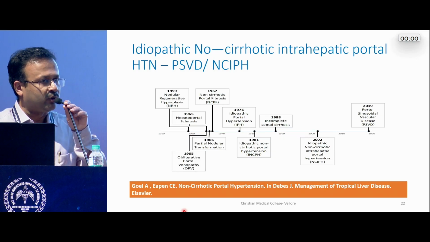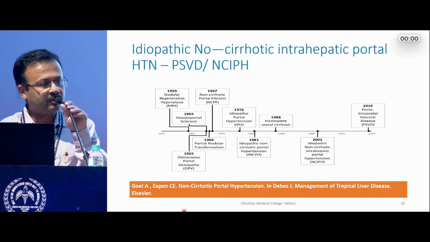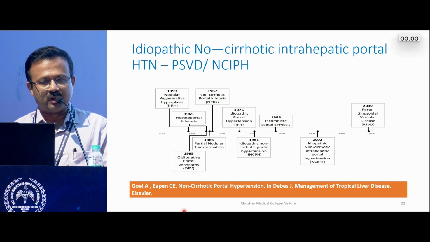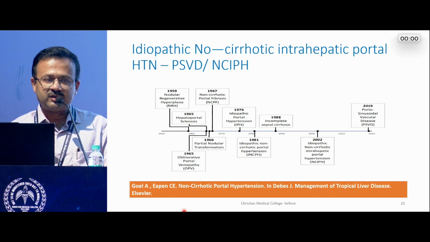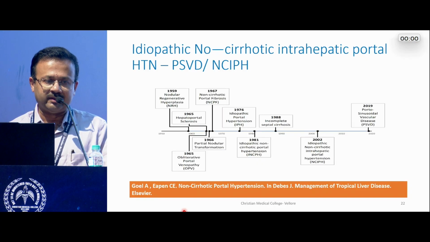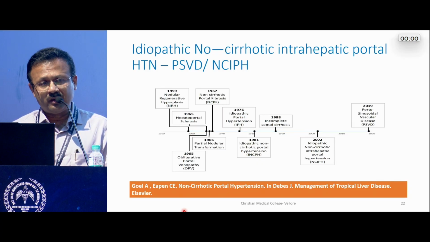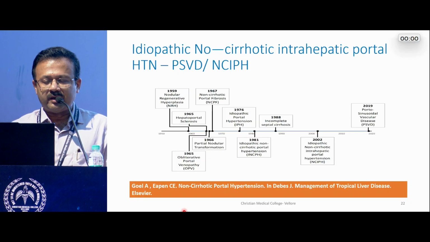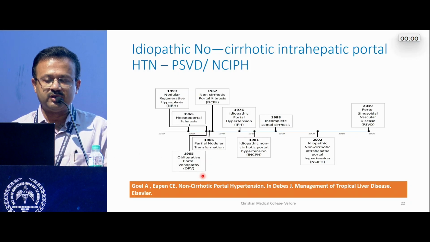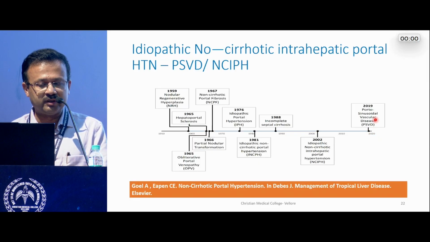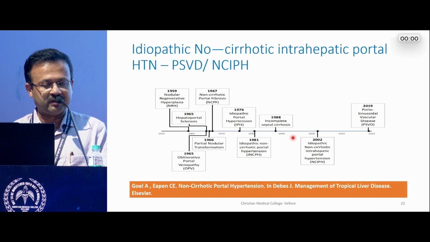It is a chronic liver disorder affecting the small portal vein radicals, with a natural history spanning 15 to 20 to 30 years, and so a long follow-up period. It is a difficult disease to diagnose, and it has gone through various terminology changes over time. Recently in Europe, the terminology they prefer is portosinusoidal vascular disorder, though the Asia Pacific still likes to call it non-cirrhotic portal fibrosis.